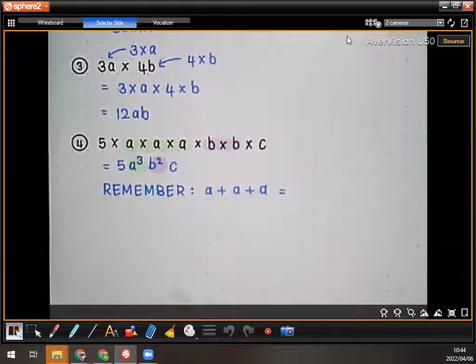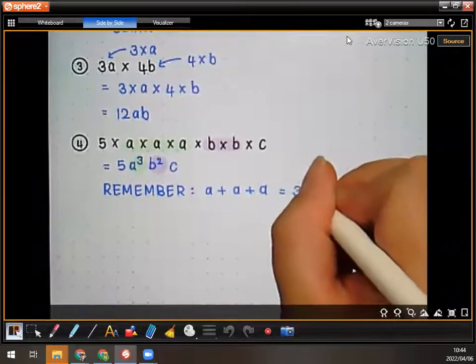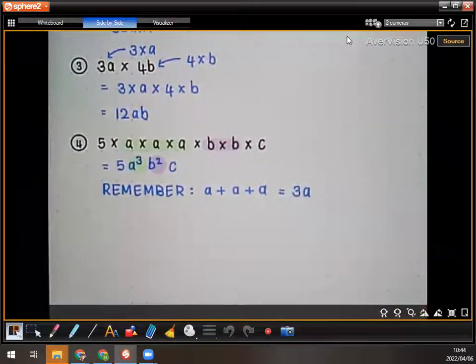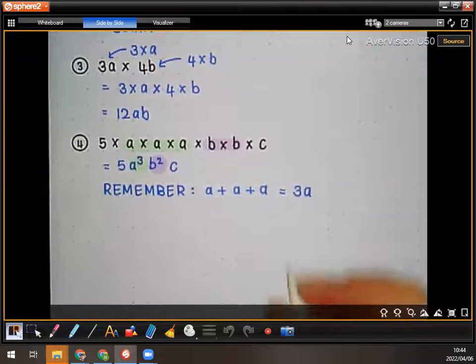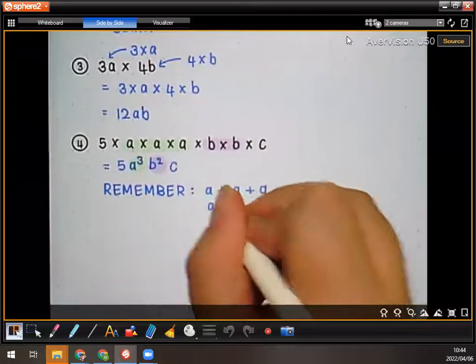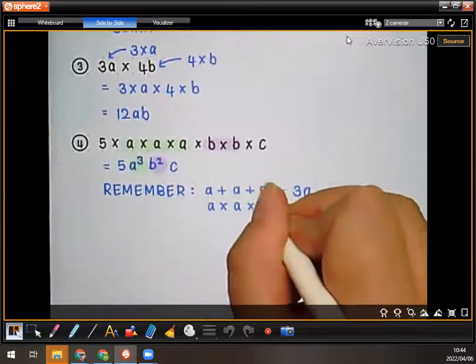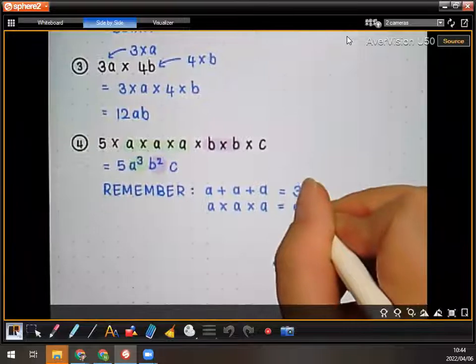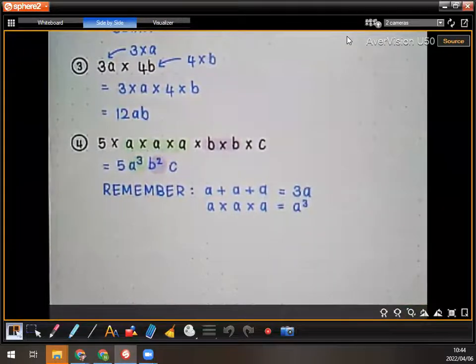I'm adding them together, there are 3 of them, so that is going to be 3A. But when you are timesing them, then that is A to the power of 3. It's very important that you understand the differences.